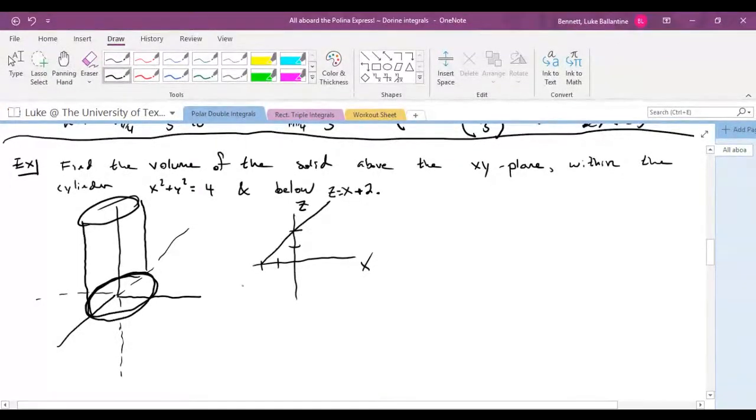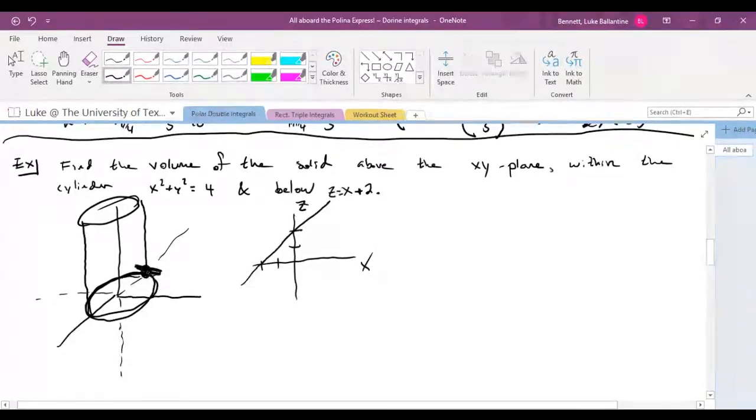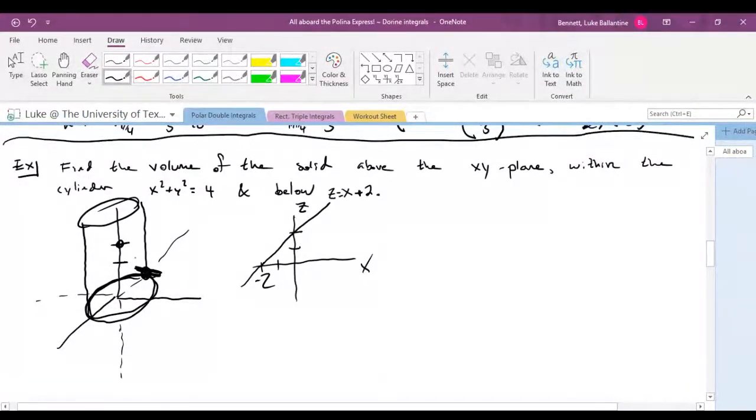This line, in R3, it's a plane. But if you notice that x equals negative 2 is right here, and z positive 2 is up here. So it's really just like this line, and then we make it a plane.